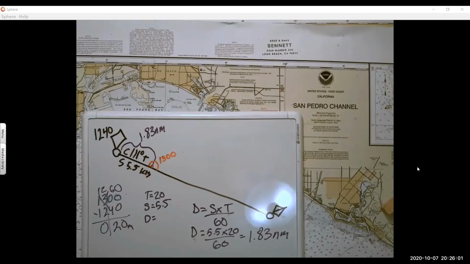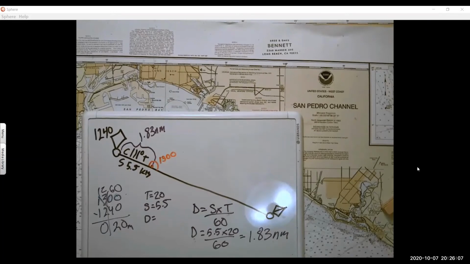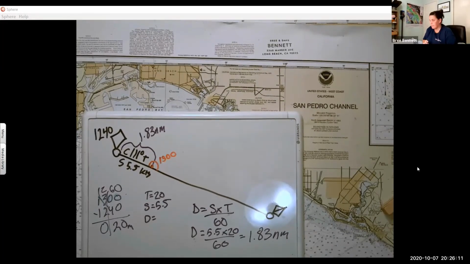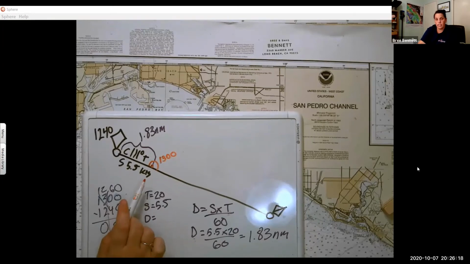The wrong question. So it told us to put our hourly DRs. Oh, okay. I missed that. So yeah, right above number 3. So we plotted our 20 minutes out to 1300.